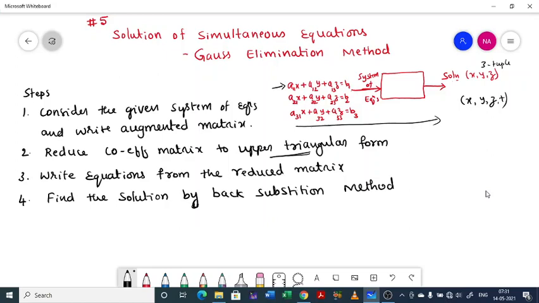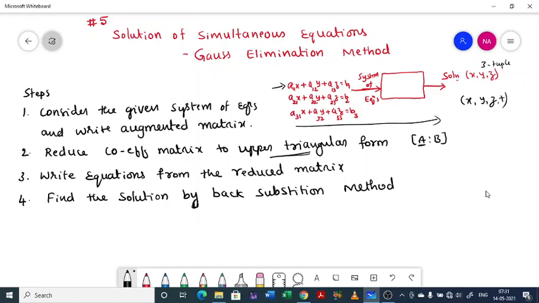The first step is, given a system of equations, generally a system of 3 equations or 4 equations, you have to write the augmented matrix. That is the first step. And the second step is, reduce the coefficient matrix. Augmented matrix means it will be of this form, A colon B. I have to concentrate on the coefficient matrix.